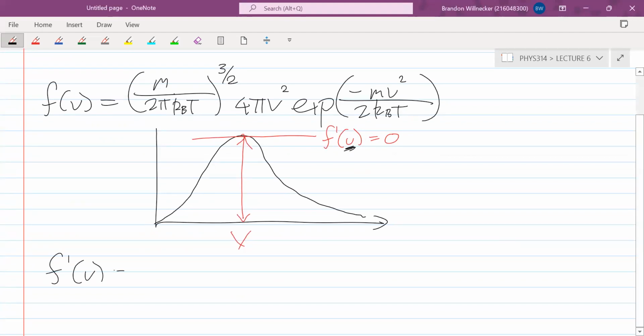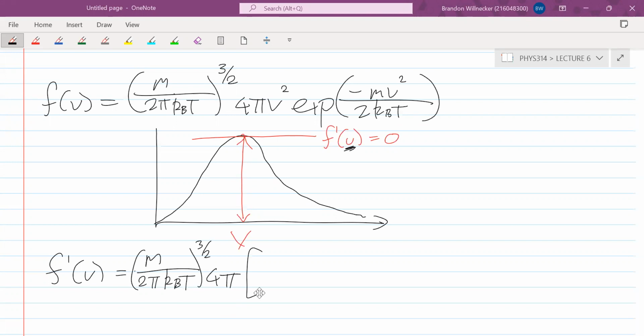f prime of v is going to be equal to this constant in front. It's not going to do anything when we set this to 0, so let's just take it out to the front here. m over 2 pi kBT to the 3 over 2. And now we can do the derivative. And the 4 pi we can take out as well. That's not going to do anything here.